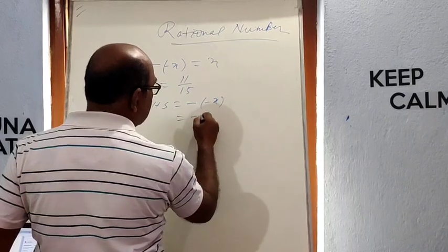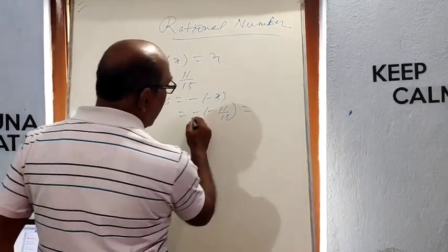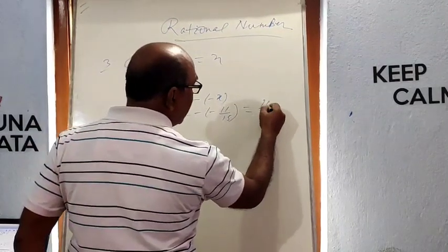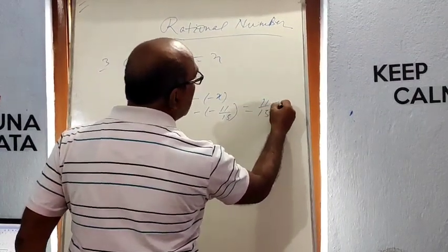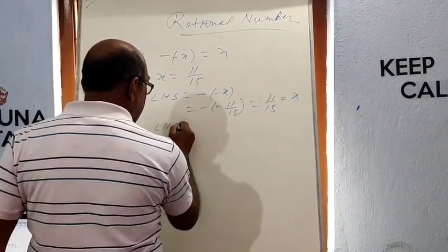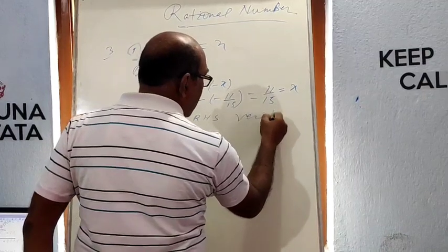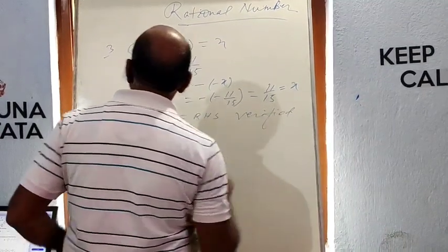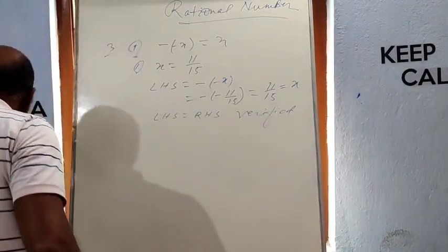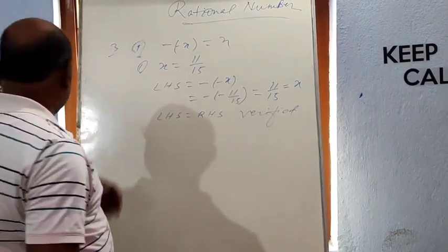It means minus 11 by 15, and this will be minus into minus, plus 11 by 15, which is equal to x, and therefore left hand side is equal to right hand side, verified. This is the first question of question number 3 and similarly you have to solve all these questions of 3.